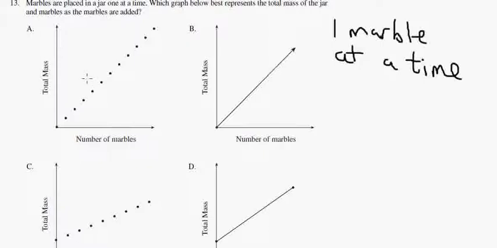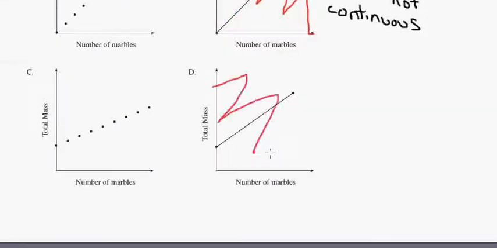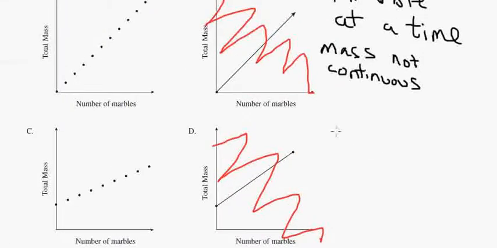Okay. This means that the graph, the total mass, is not going to be continuous. So the mass of the jar and the marbles is not continuous. And recognizing this allows us to immediately ignore these two answers, because graph B and graph D both show continuous graphs.